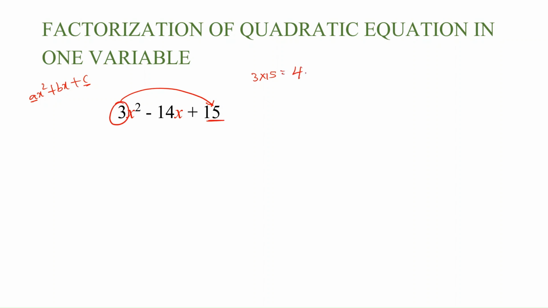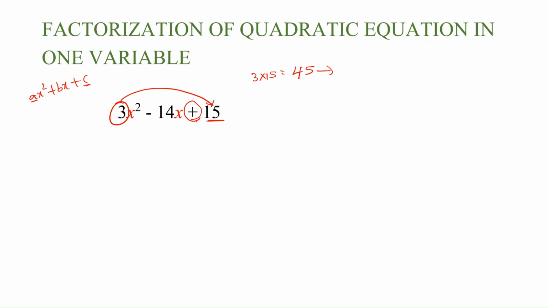This gives 45. Now factorize 45 so that we get 14 on adding those factors. As we have a positive sign here for the constant term, we have to consider adding the factors. When the constant term has a negative sign, in that case, we'll go for subtraction of the factors.